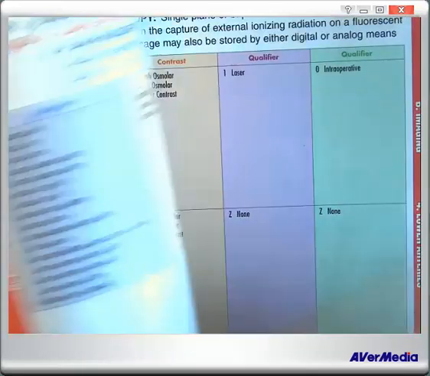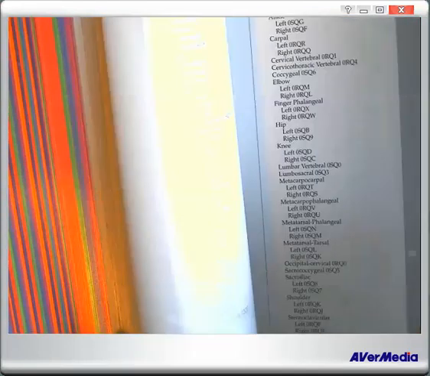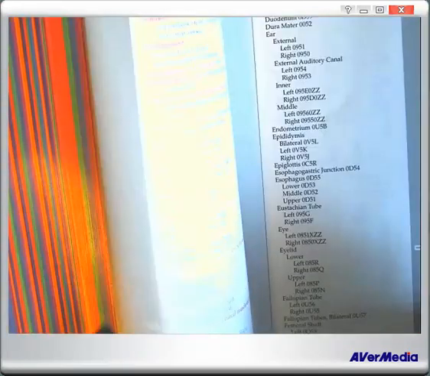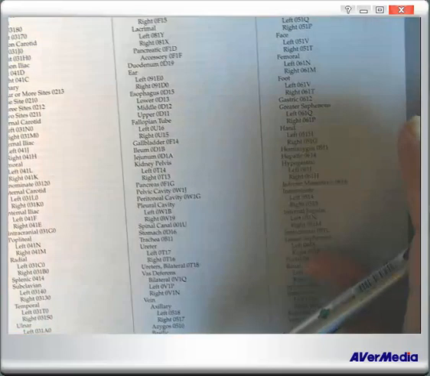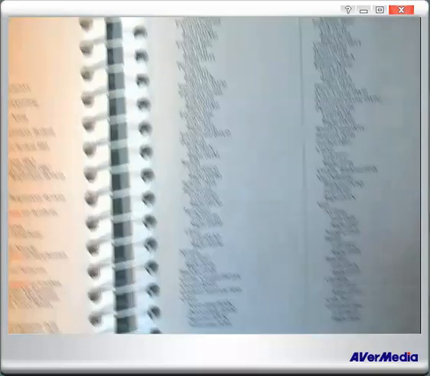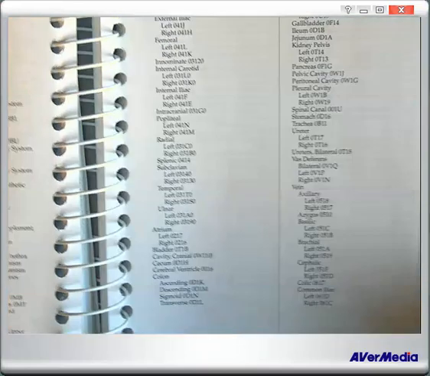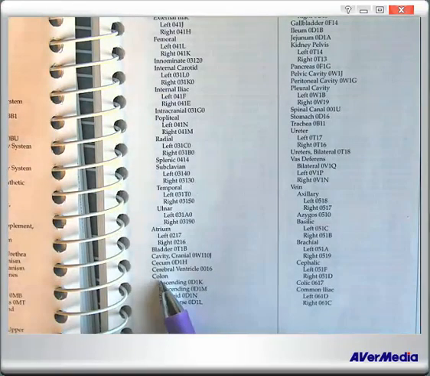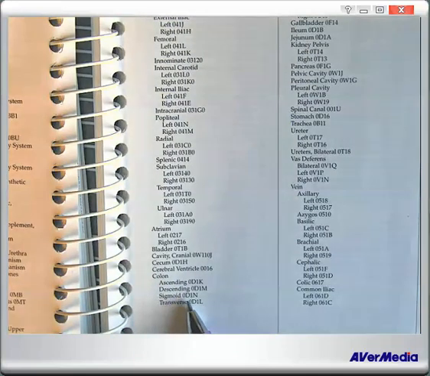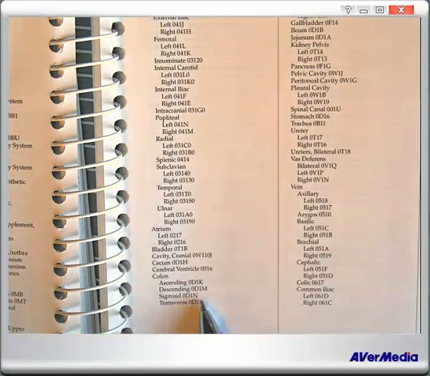So now let's tackle the bypass. So let's go to bypass in our index. Bypass. Okay, and what are we bypassing again? We're bypassing the colon. So let's go to colon, and here we have sigmoid again, 0D1N.